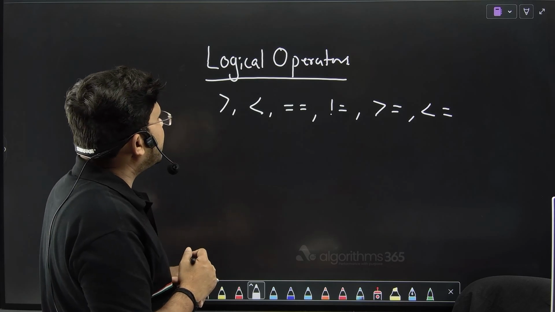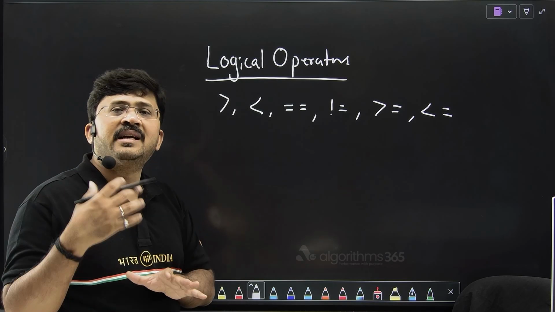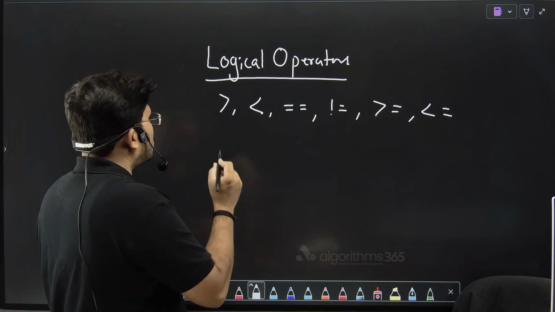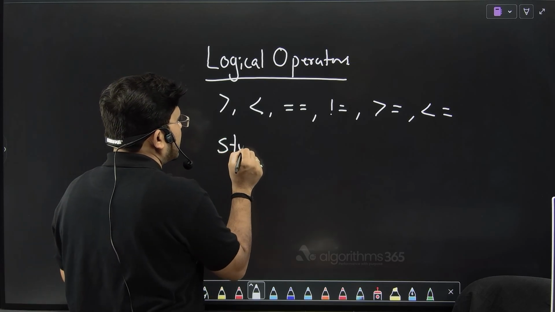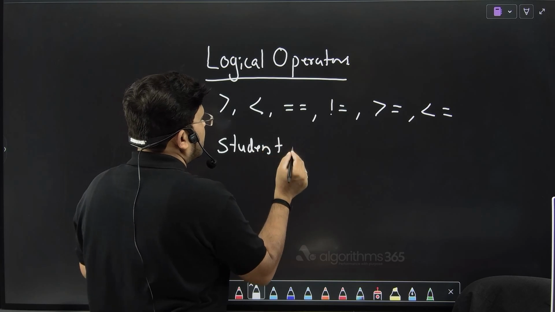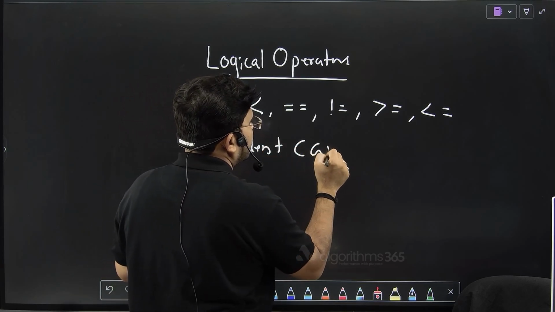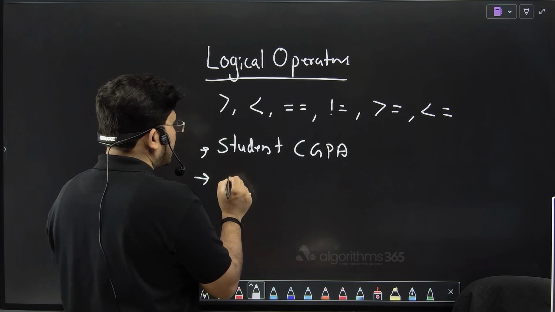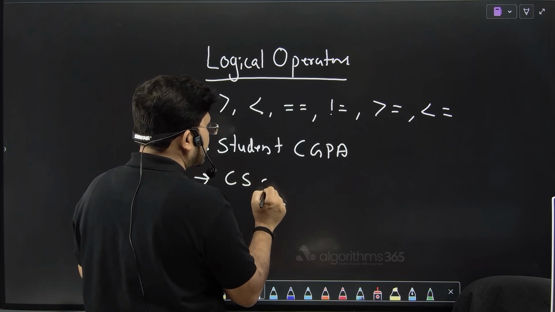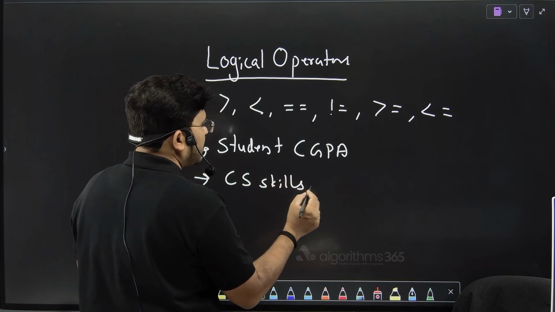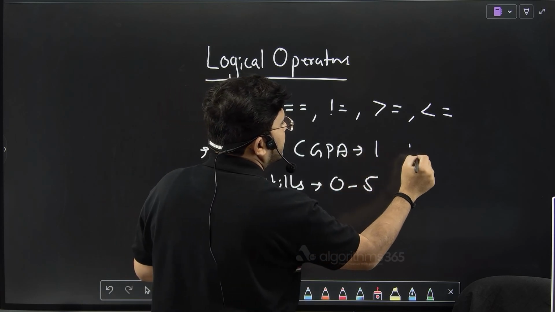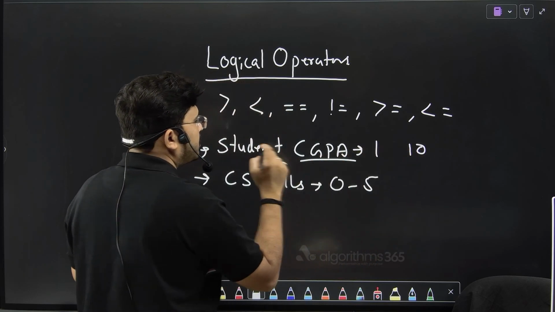So let's say you are making a hiring decision in a college. The student has a CGPA. Then you have the student's CS skills, computer science skills, rated between 0 to 5. The CGPA is 1 to 10, and this is a floating point number.